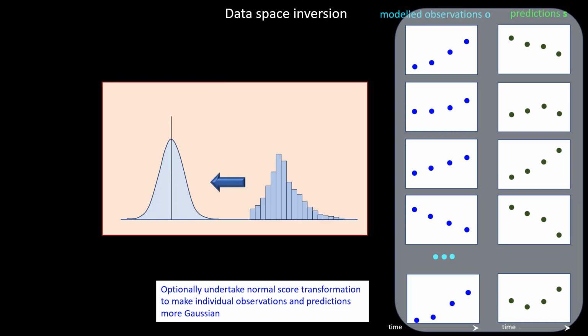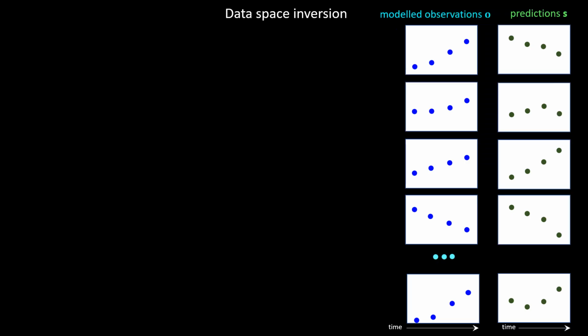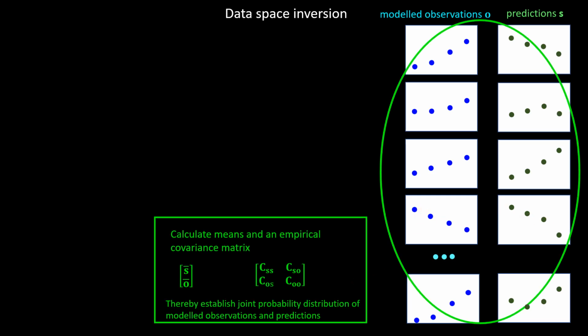Optionally, we can undertake a normal score transformation of each one of these so that independently they have a Gaussian distribution. This often makes the outcomes of the DSI process a little better. Then, just as before, we establish a statistical relationship between the past and the future.